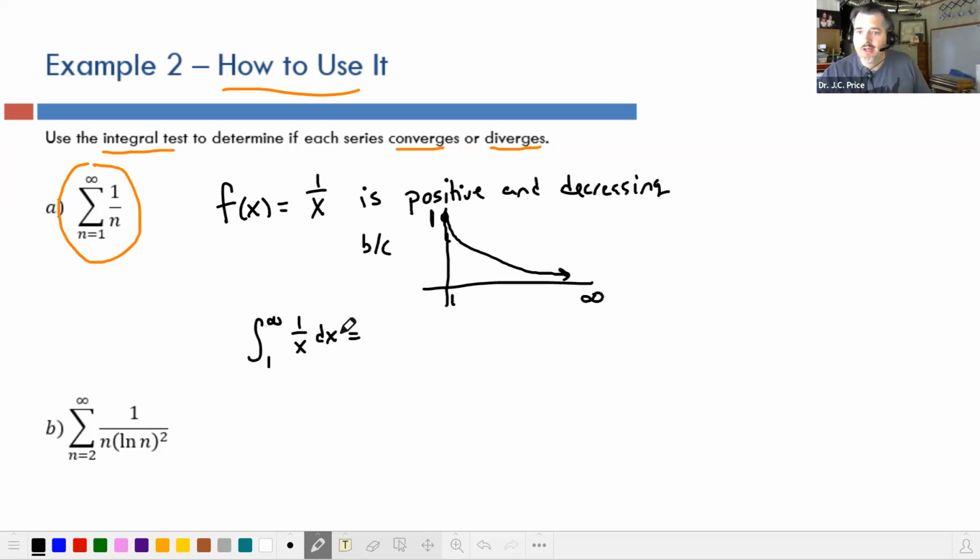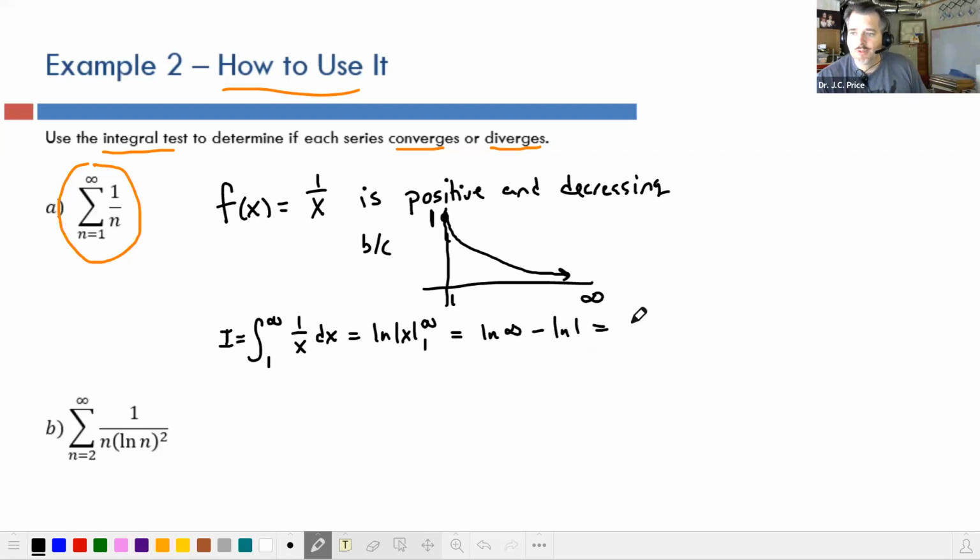So what can we say here? This improper integral, and you can give it a name if you want, sometimes I call it I, is equal to ln of absolute value of x from 1 to infinity, which equals ln of infinity, and you can drop off the absolute value because infinity is, quote, positive, minus ln of 1.